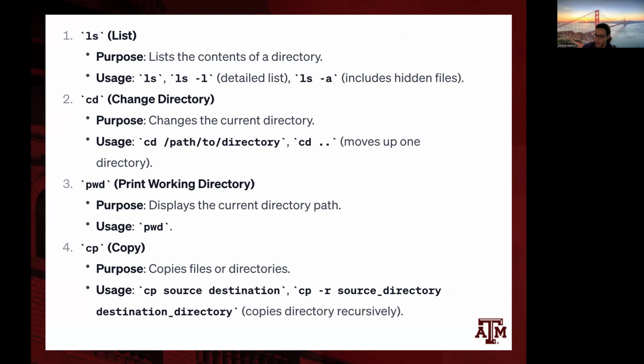If you're inside a folder and you want to look at the contents of that folder, you can run ls. If you want to navigate between different folders, cd is for changing directory, to go from one directory to another. If you want to know where exactly you are, the path to the current directory, you can run pwd for print working directory.